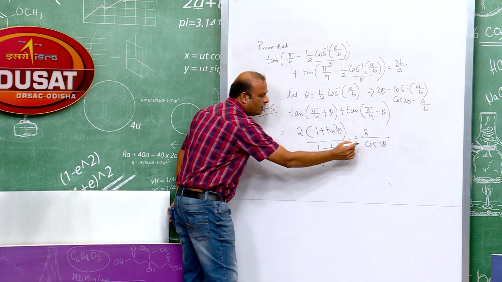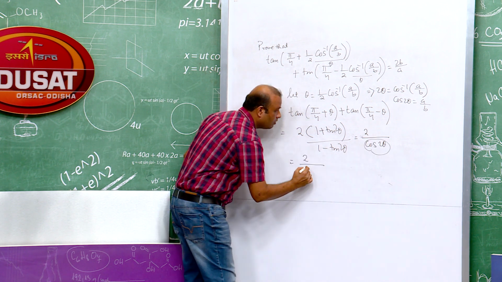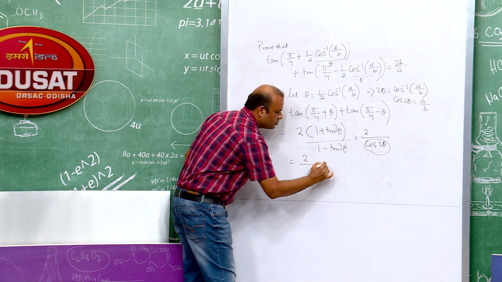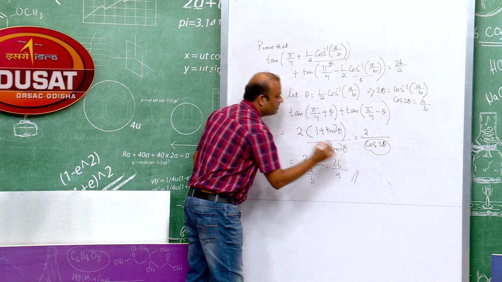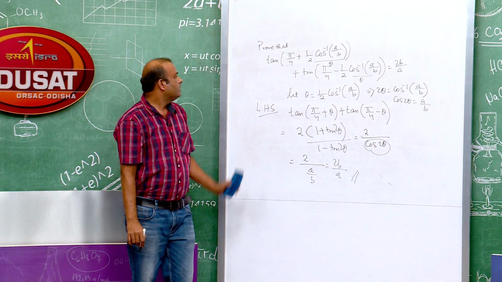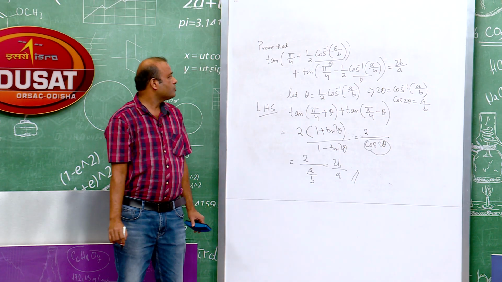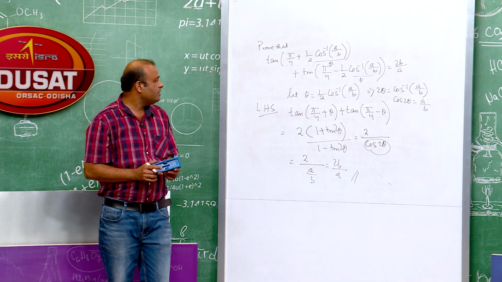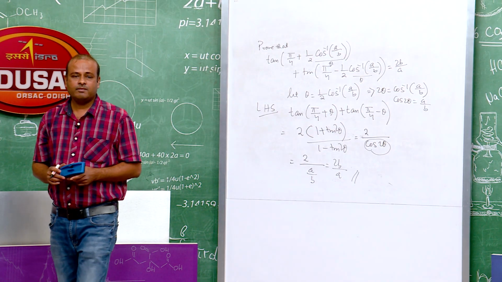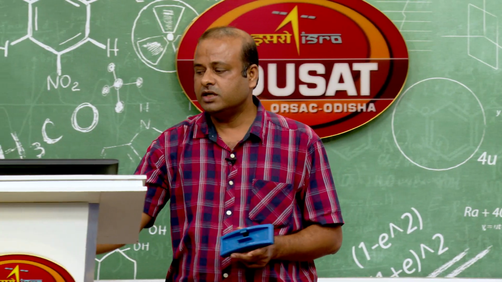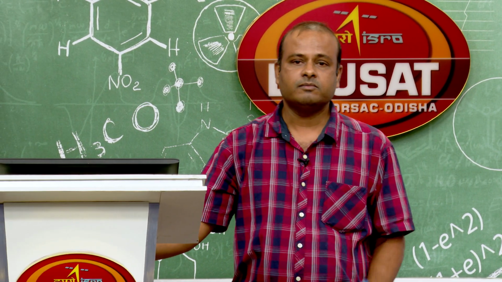Putting cos 2 theta equal to a by b, we finally get 2b by a. You have proved this one: tan(pi/4 + 1/2 cos inverse a/b) plus tan(pi/4 minus 1/2 cos inverse a/b) is equal to 2b by a.